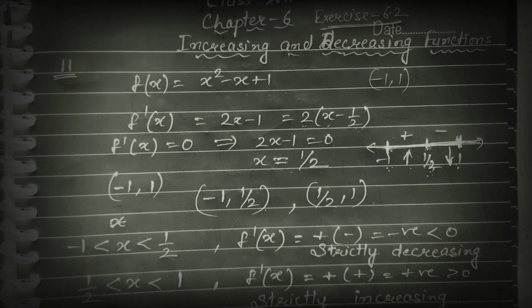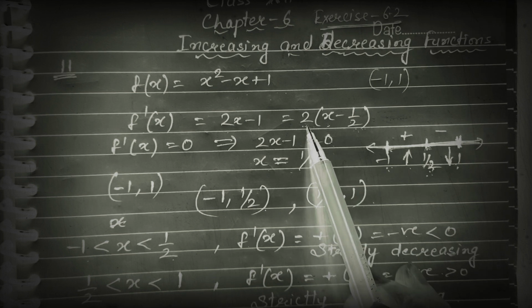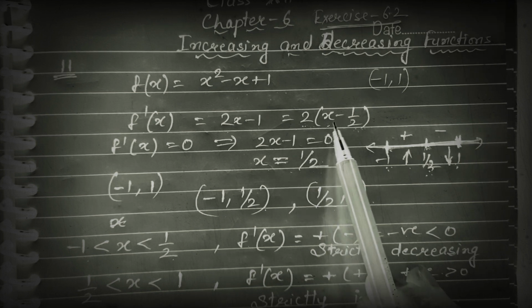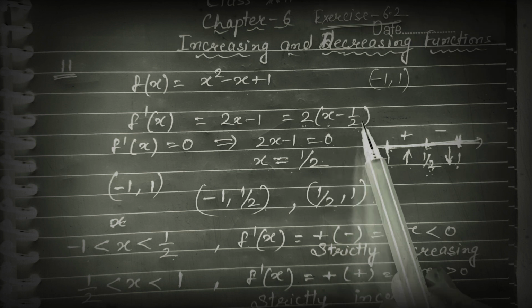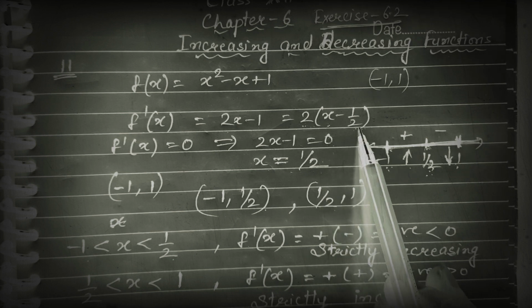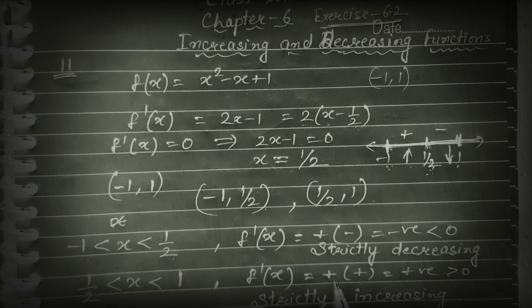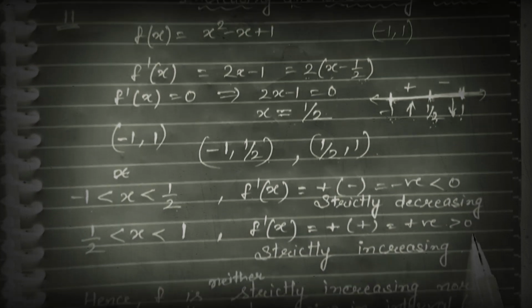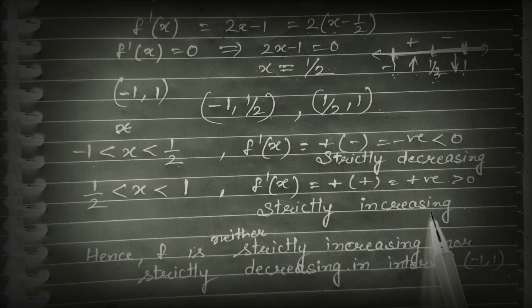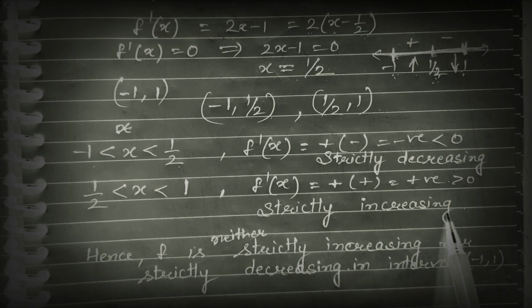So you can take 0.6, 0.7, 0.8, anything. So the outside is positive. Here if we take 0.7 and it is 0.5, 0.7 minus 0.5 is positive. So positive into positive, positive. So it is a strictly increasing function.